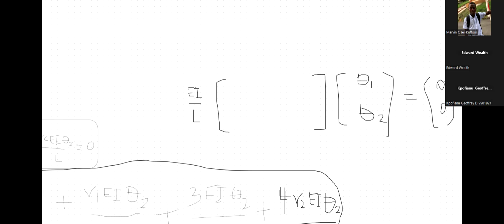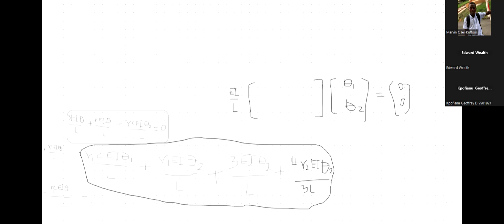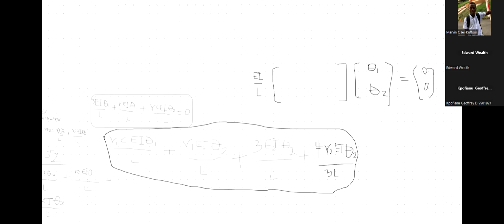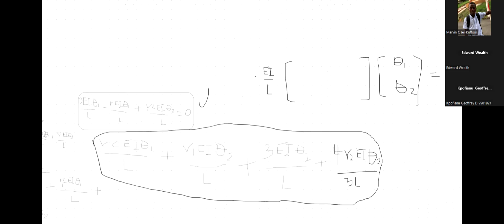Okay. So let's go to the first equation, this one. When you take the EI and the theta 1, all the theta 1s are coming in column 1, and all the theta 2s are coming in column 2.